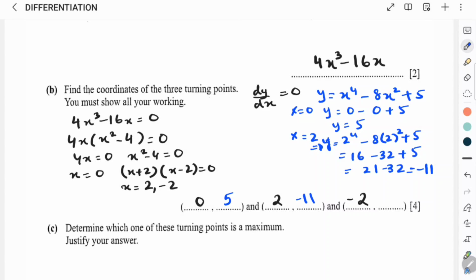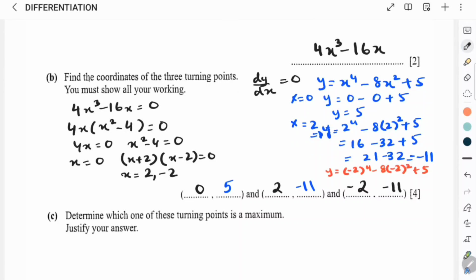The third turning point is minus 2. We take the number for this one, and it remains the same, obviously, because all the powers are even. So we found the three turning points: (0, 5), (2, minus 11) and (minus 2, minus 11).